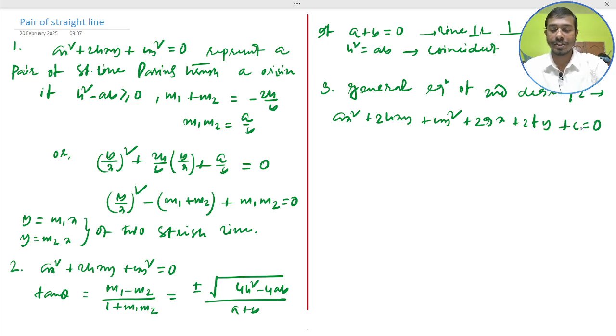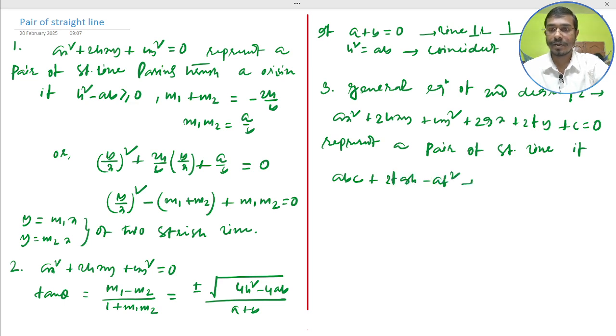This represents a pair of straight lines if abc plus twice fgh minus af square minus bg square minus ch square equal to 0.